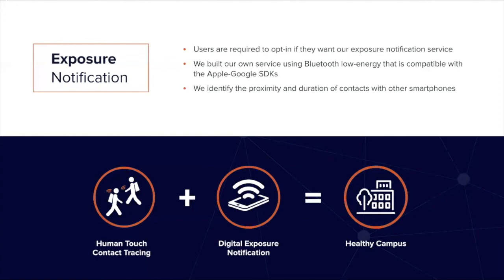Digital exposure notification is a process by which we engage privacy-preserving technologies and techniques to help users of the Safer Illinois app know when they've been in contact with other people or other people's phones for a period of time, after those people have been identified as having the disease. And we do this in a privacy-preserving fashion.